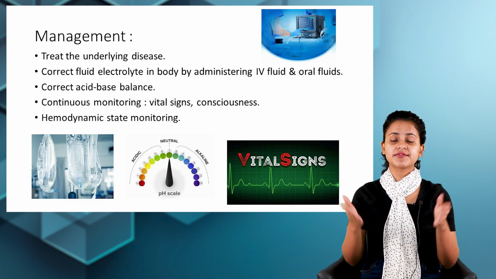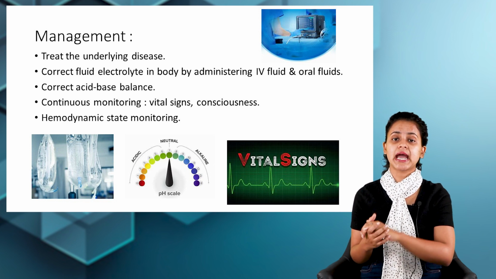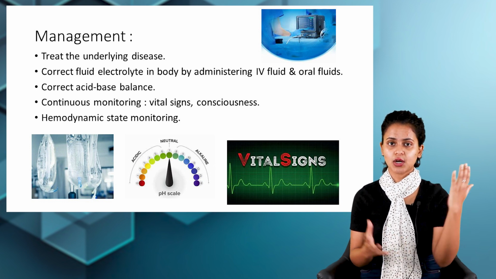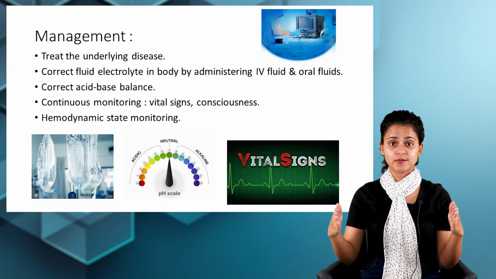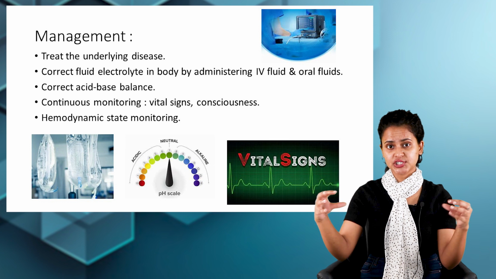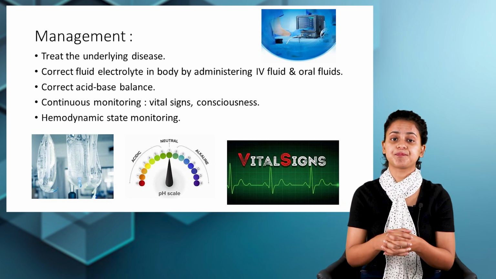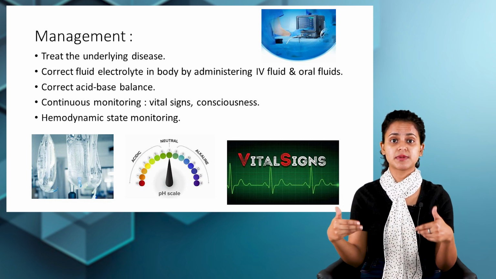Next, correction of the fluid electrolyte will be done in the body by administering intravenous fluid and electrolyte or else oral fluid electrolyte. So this is the second step, where we have already discussed that we directly manage the client with intravenous or oral administration. Next target is to correct the acid-base balance.